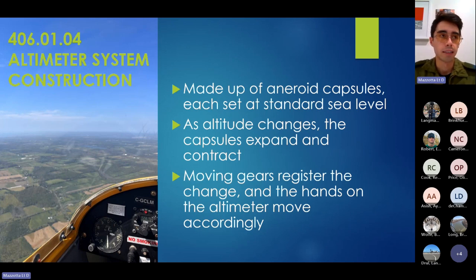The altimeter setting will be set that kind of reads our zero, even though it's indicating 2,250 feet. And then as we go up in altitude, the hands on the altimeter move accordingly, and then we just do some mental math to do the conversion from above sea level to above ground level and reading it that way.